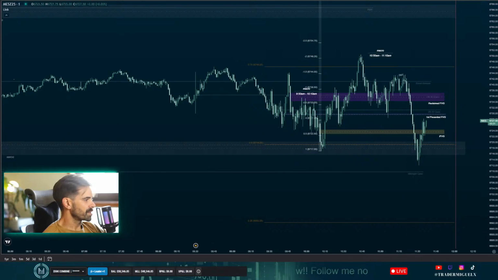Yeah, but price is still pushing. So seems like continuation won't happen for now. Unless we get a rejection around 9:30.